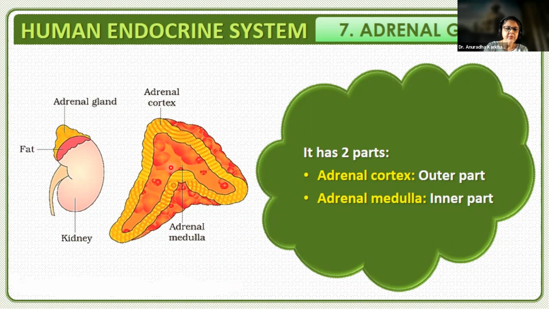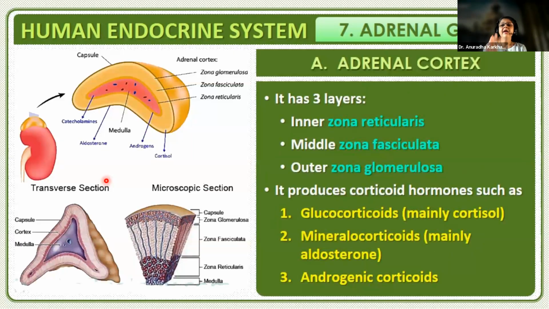Now, sir, what happens next? The adrenal cortex has three layers. Zona reticularis, which is at the center. Look here, zona reticularis. Middle, zona fasciculata here. And outer, zona glomerulosa over here.